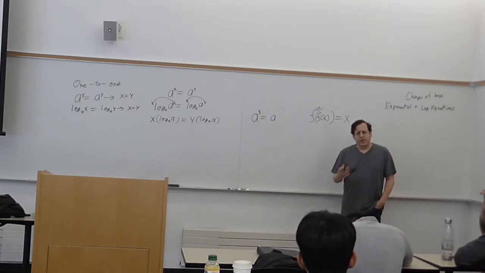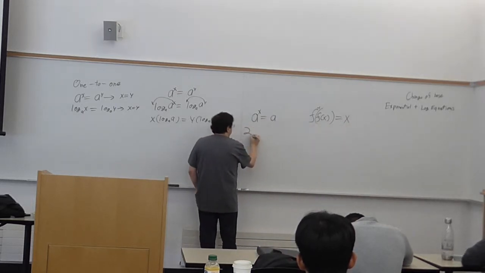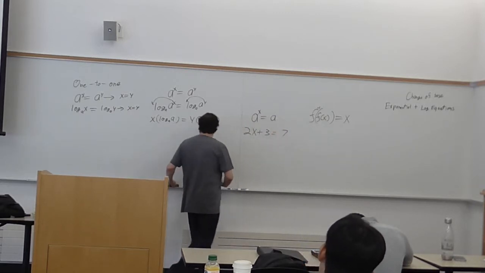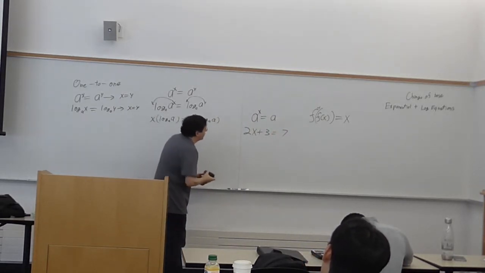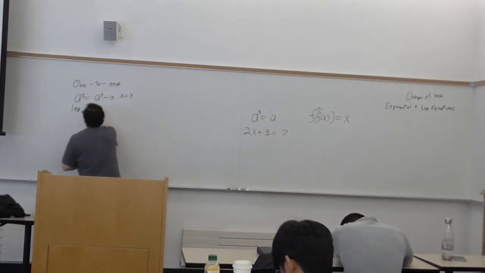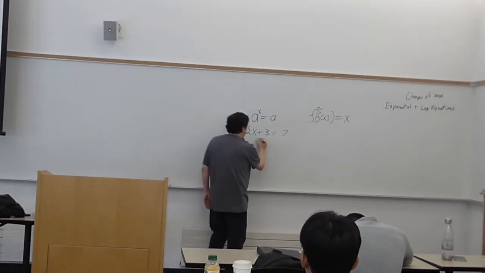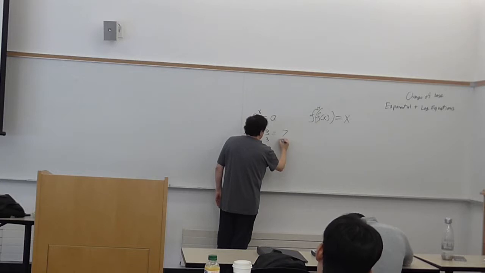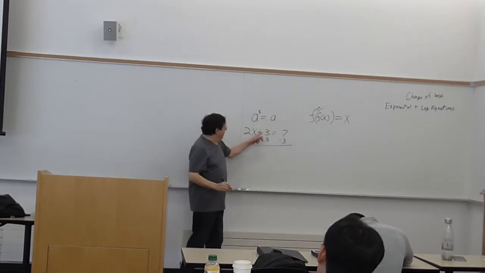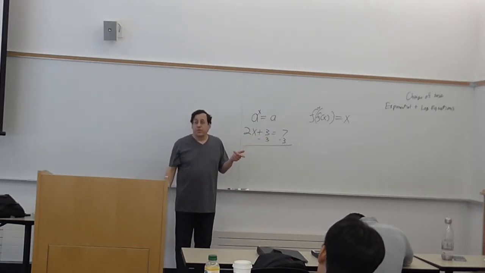Let's think about that for a second in a different context. If I have a simple equation, 2x plus 3 equals 7, and I want to solve this, how do I go about that? Of course, everyone knows I'm going to subtract 3 from both sides. But what's that about? Adding 3 and subtracting 3 are inverses.